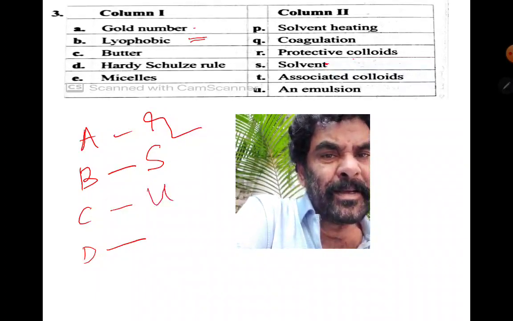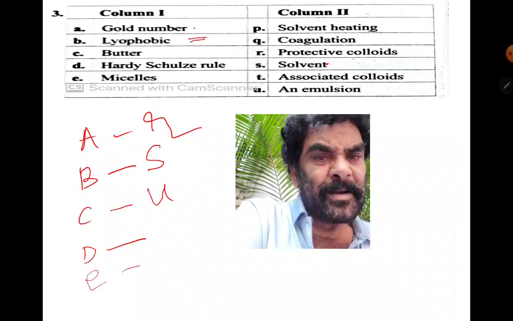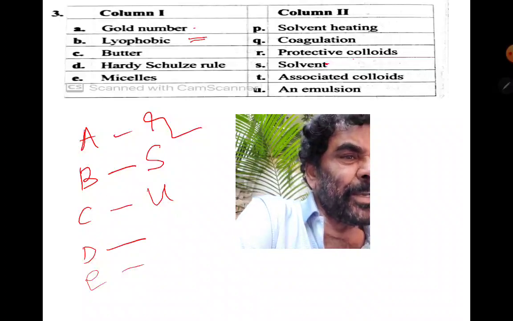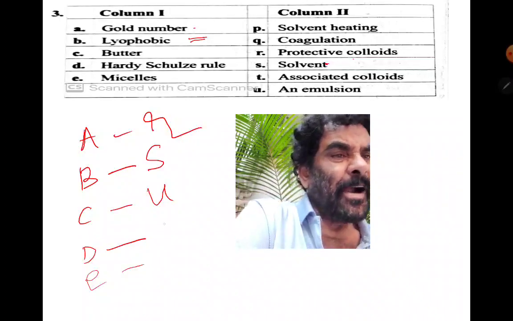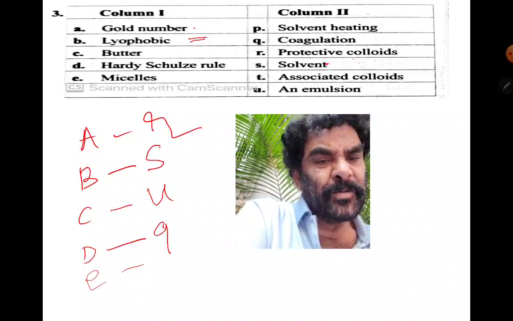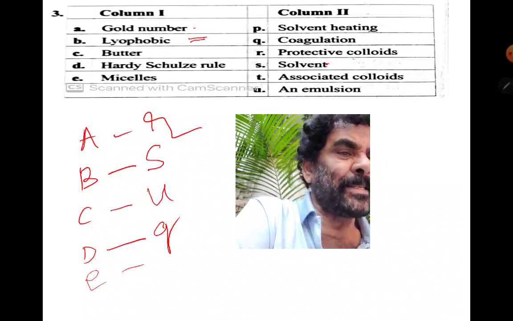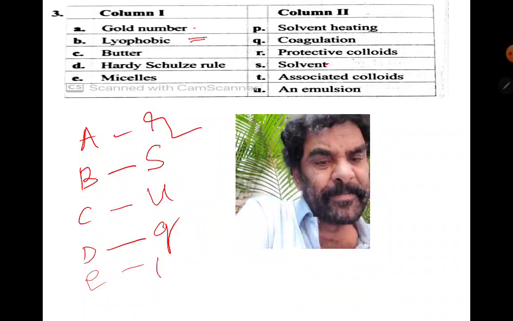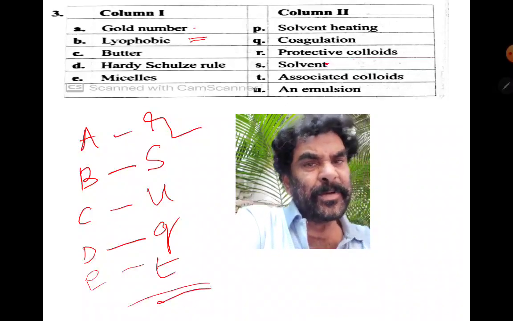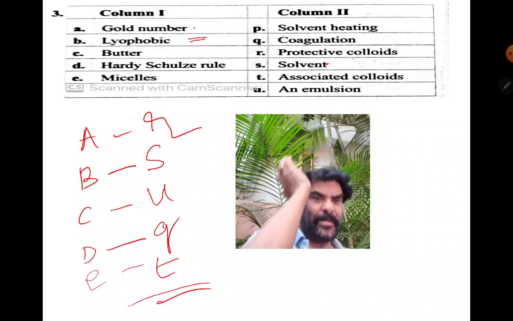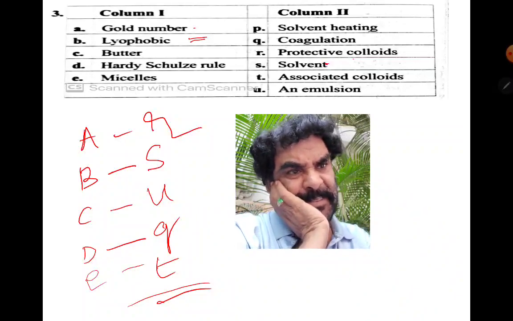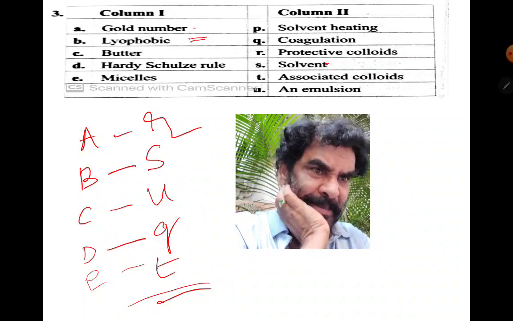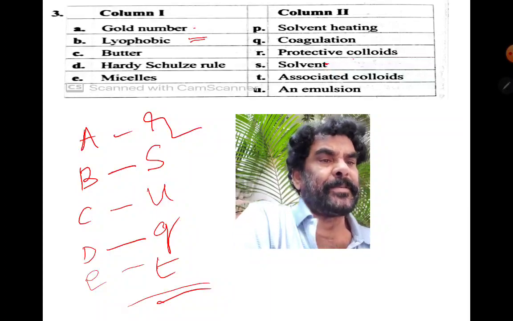Hardy-Schulze rule is related to coagulation, right? That is Q. Now micelles, that is associated colloids, S, T. This is the pairing between the columns.